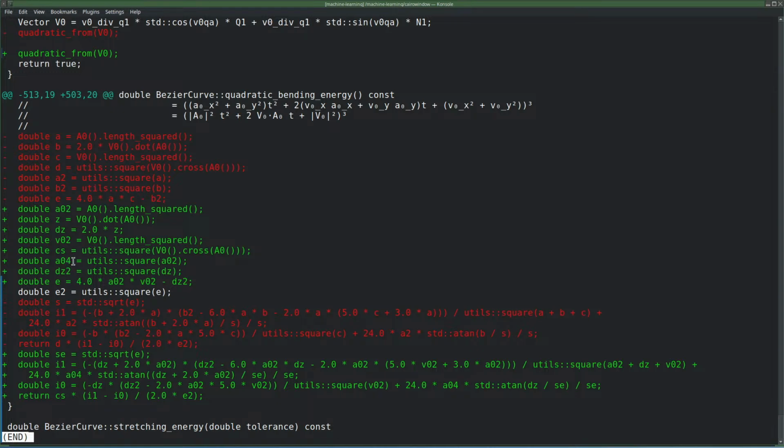A2 to A04. And B2 to DZ2. E was not renamed.